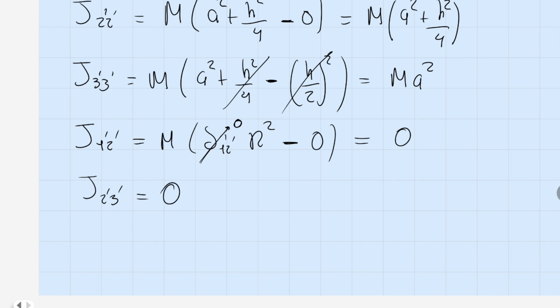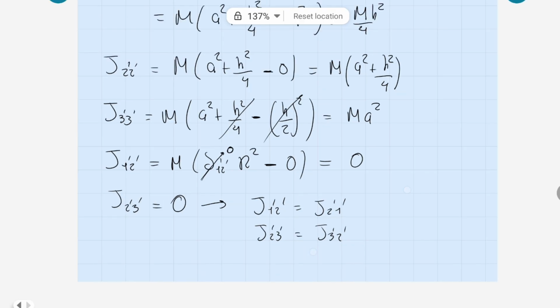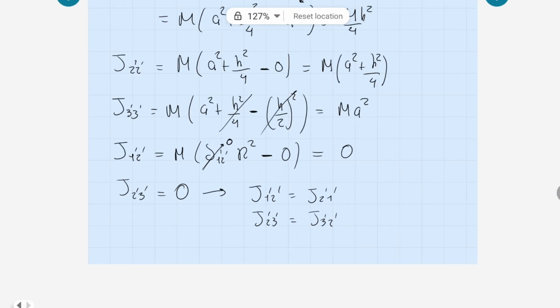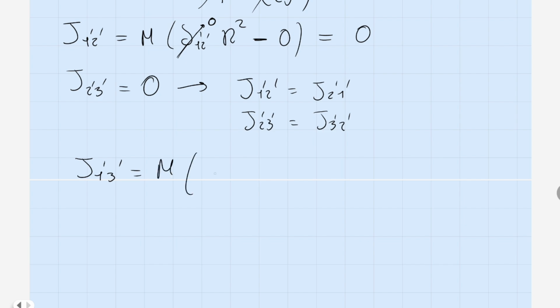And remember, these tensors that we are dealing with are all symmetric, so that means that J12 is equal to J21, and J23 is equal to J32. Perfect, so there is only one component left, so we need to calculate J13, and this is going to be equal to the mass, the Kronecker delta 13 r squared, minus the first component, which is a, times the third component.